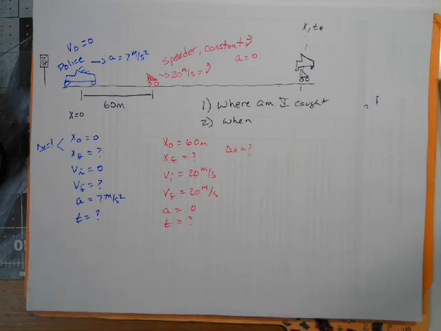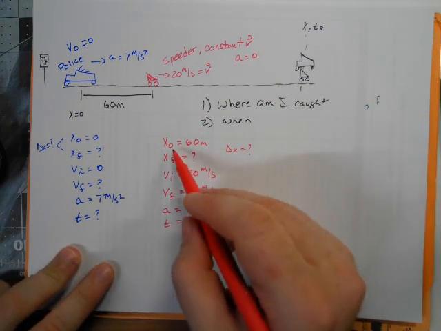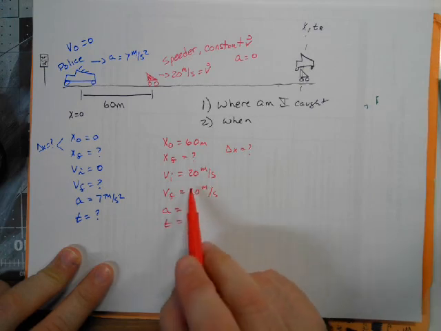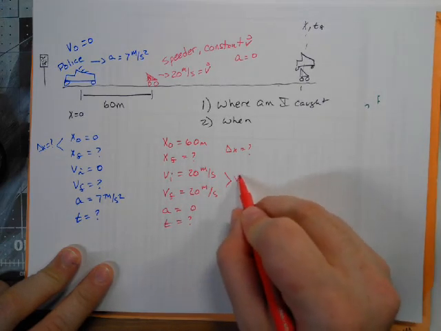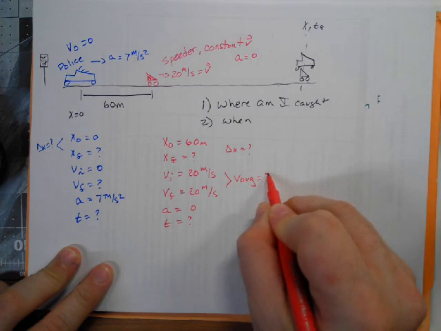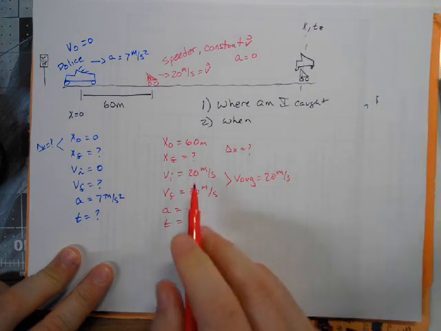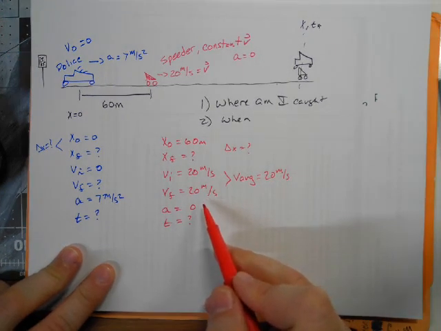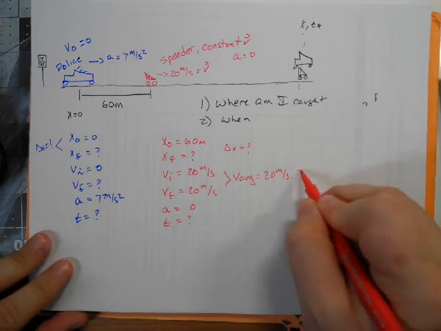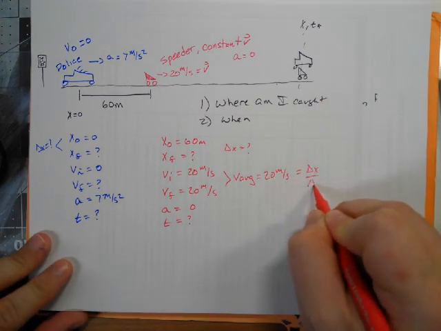So we kind of have to solve both of these at the same time, right? We do have a way of solving this. We can say, well, based on this, V average is 20 meters a second. That's just the average of those two numbers. And that is just delta X over delta T.